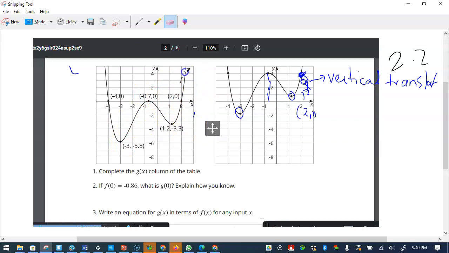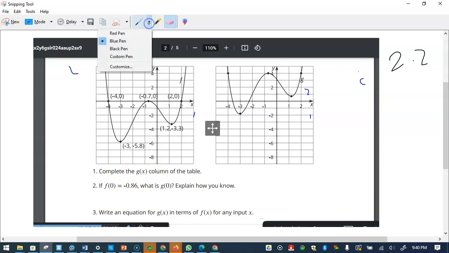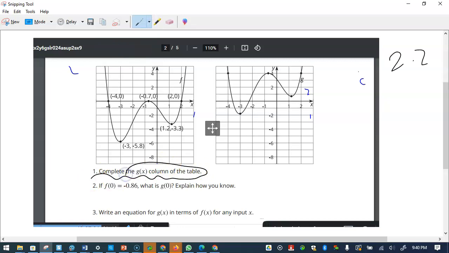Let's see what the question is. So let me take this off. The question is, complete gx. Now let me get the table if I can pull this out.